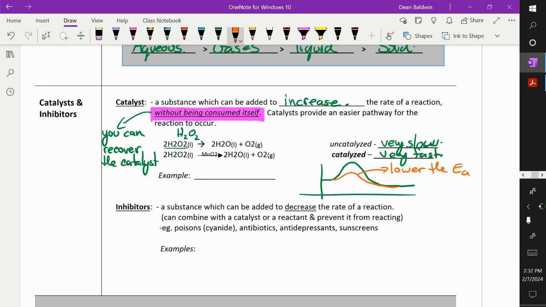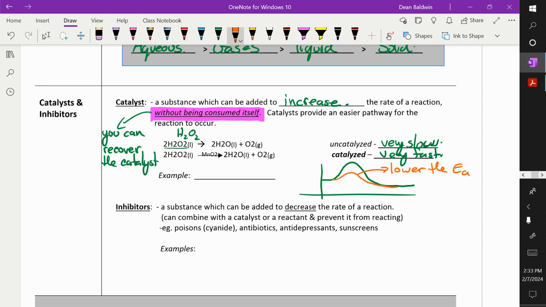Most of the reactions in your body won't happen at a fast enough rate without enzymes. Athletes will take special enzymes to speed recovery, all these sorts of things. It leads into nutritional supplements and all this kind of stuff. So, catalyst, two things with a catalyst. You get it back at the end and it lowers the activation energy.